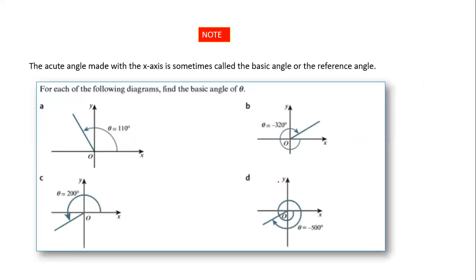We are attempting this now, but first take note of this. Note this down, and then after, I'm waiting for the answers for part A, B, C, D. First take note of that: the acute angle made with the x-axis is sometimes called a basic or reference angle.